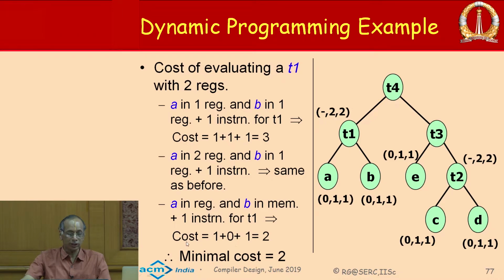So, when you do this thing, what you really need to do is, I will show you, right. Here what we have calculated is that for T1, the minimum cost is this one: A in a register and B in memory, right. So, what we need to do is show A in register, B in memory.